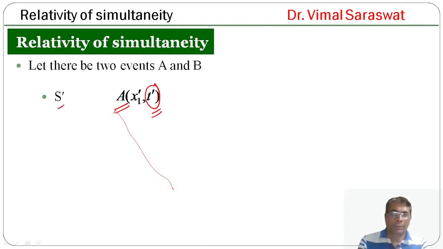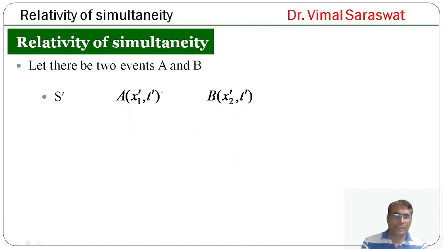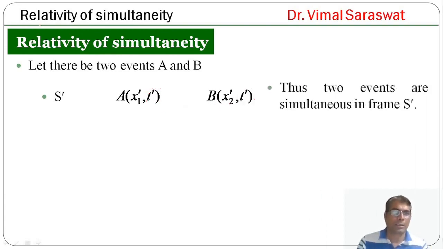So the coordinates of event A in frame S dash are x1 dash and t dash, and the coordinates of event B in frame S dash are x2 dash and t dash. It means both events happen at the same time in frame S dash. It means both are simultaneous in frame S dash, but both are at different positions. Thus, the two events are simultaneous in frame S dash.